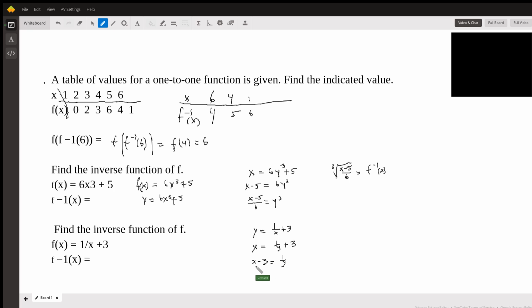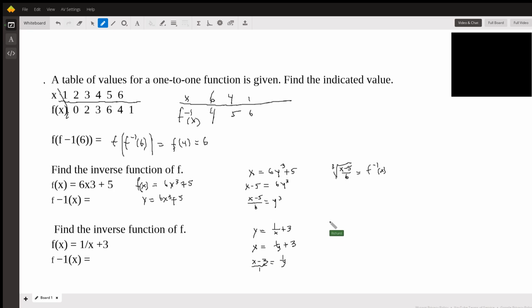And then you can think of this as x minus 3 over 1. Okay, and now we're just going to take the reciprocal of both sides, or if you want, you can cross multiply.